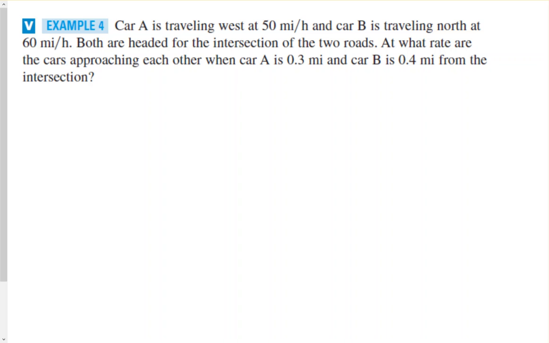Okay, so let's draw a diagram for that. Car A is traveling west. So let's say here's A, it's traveling west at 50 miles per hour. Car B is traveling north.